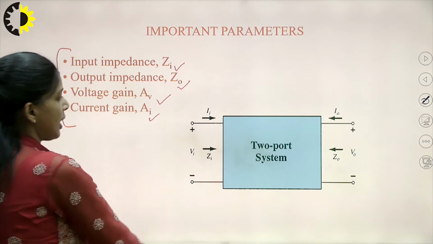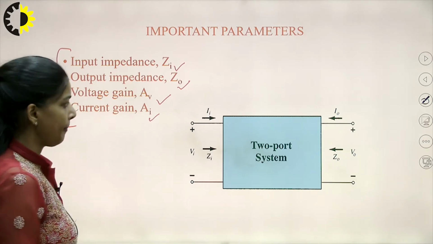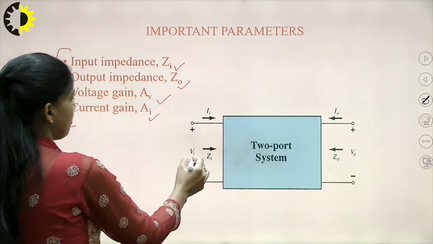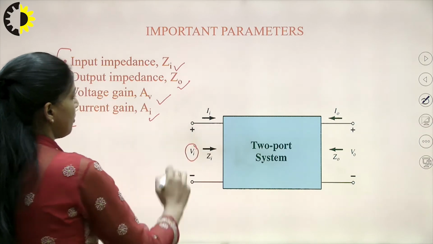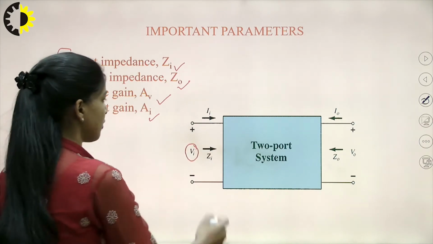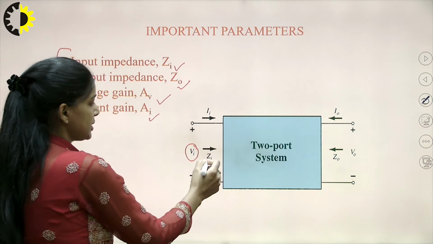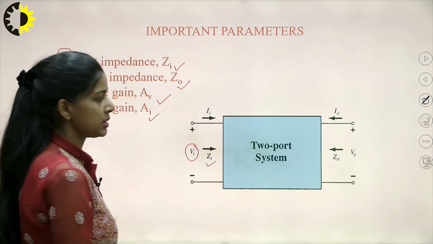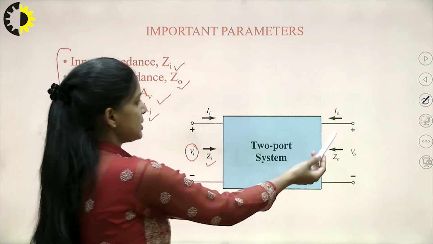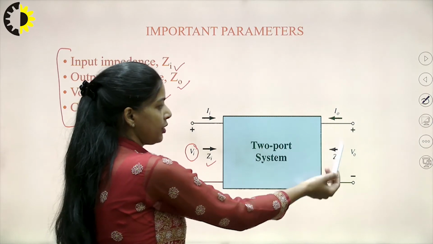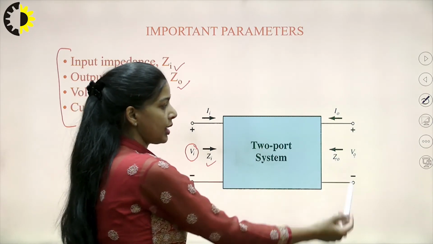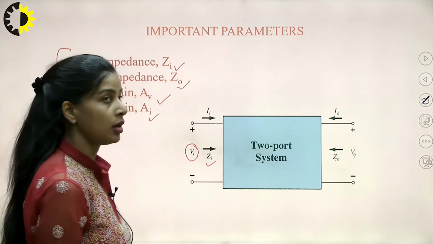For this, I have taken a two port system that has input voltage Vin, input current Ii, and Zi as the input impedance. From the output side we can see the output current I0, impedance Z0 and voltage V0.